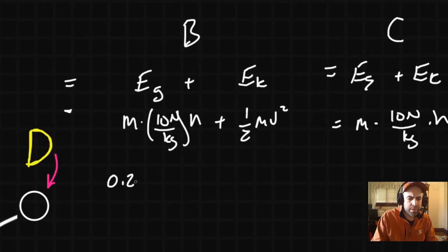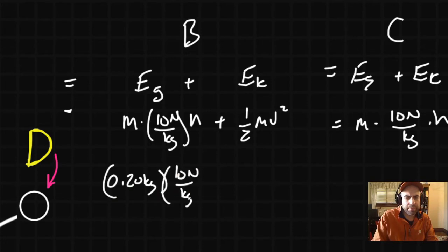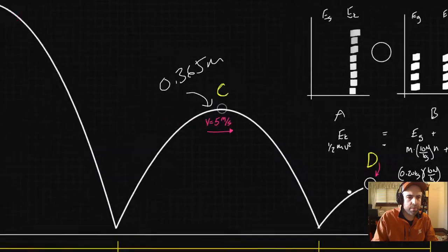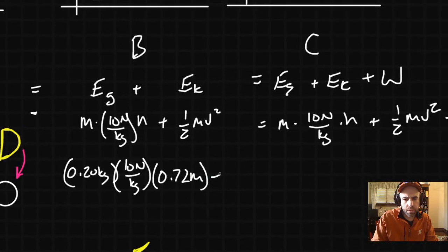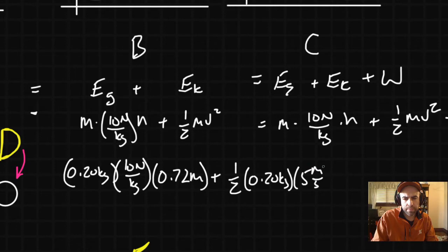So 0.20 kilograms times 10 newtons per kilogram times, and I believe we said 0.72, plus 1/2 times 0.20 kilograms times 5 meters per second squared.